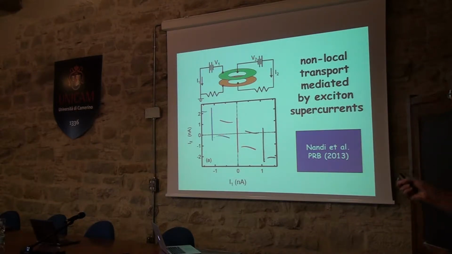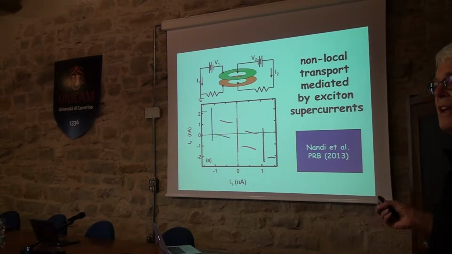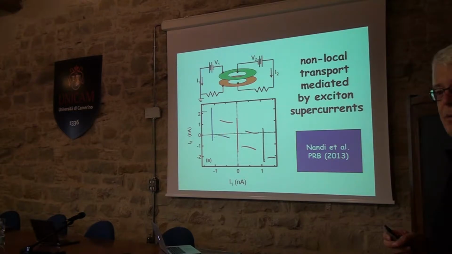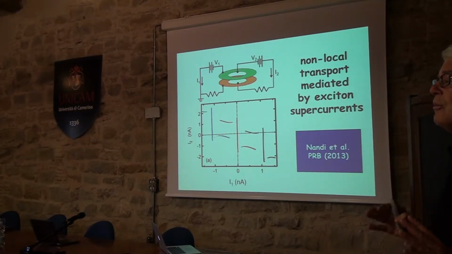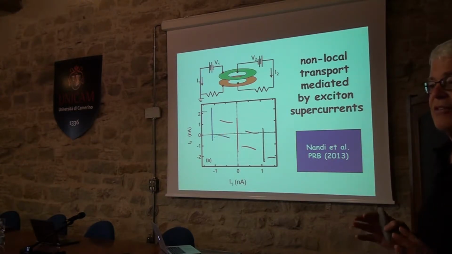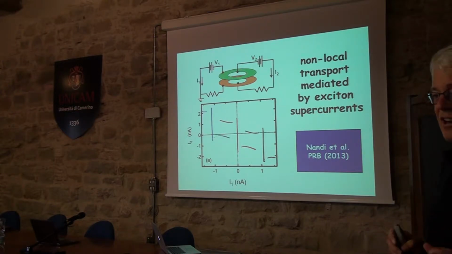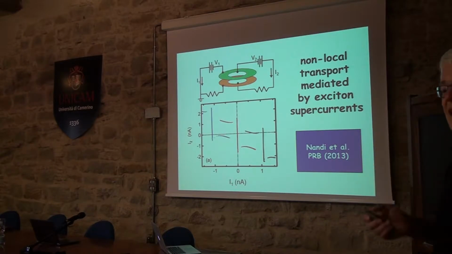These bilayer electron systems in the quantum Hall regime are the only really clear example of an equilibrium exciton condensate that we know. And so there's lots of interesting experiments that you can do.